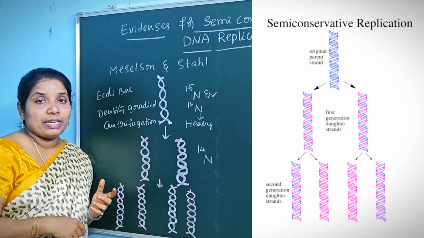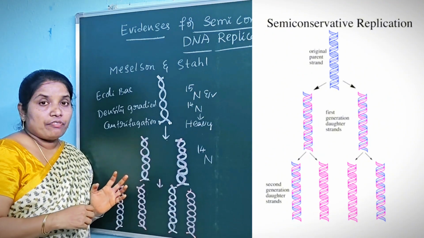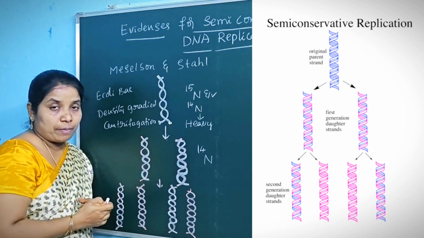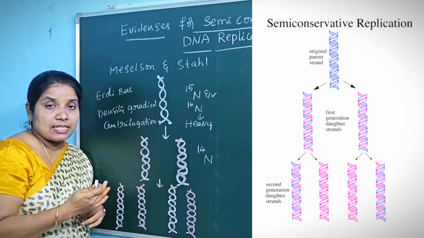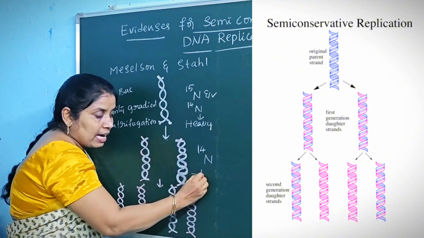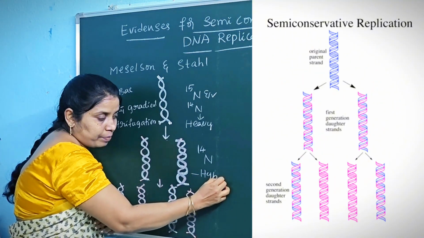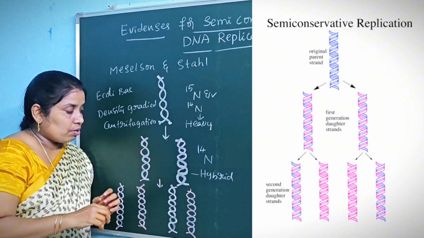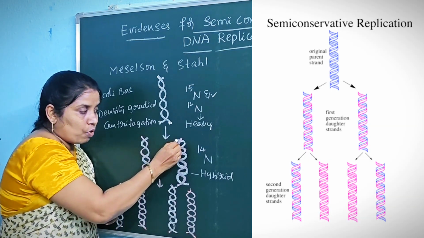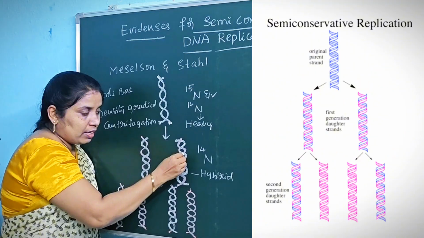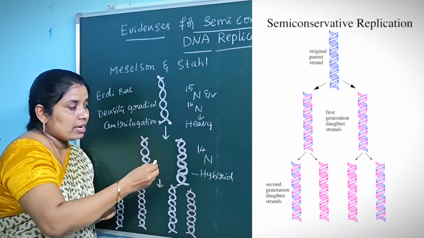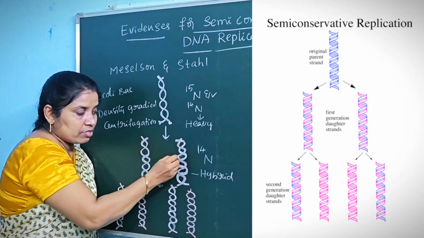Now again the replication cycle occurs. After the first replication cycle, they got hybrid DNA. Hybrid means it has one heavy nitrogen strand and one lighter nitrogen strand.